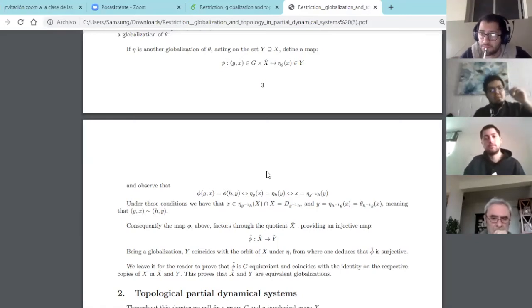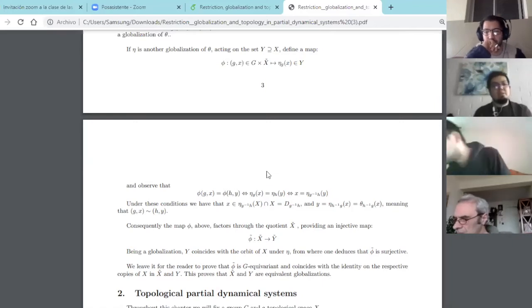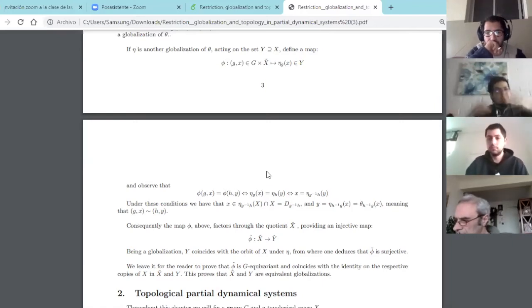So the objects that are not in X can be seen as the image of an element of X under the original partial action. And in the global sense, that action can be seen backwards.